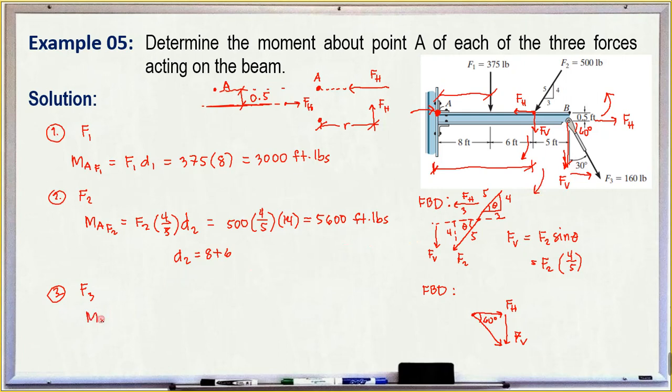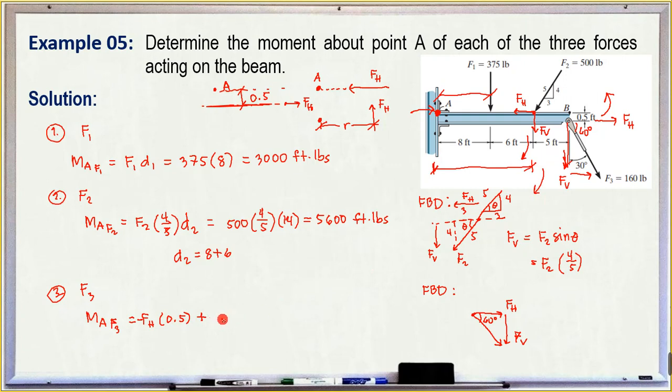So moment of A due to the third force is equal to, sa FH lang, i-treat nato ang counterclockwise nga negative, so magbutang tag negative FH, ang iyang distance is the thickness 0.5, and then plus, i-treat nato nga positive ang mga clockwise nga moments.